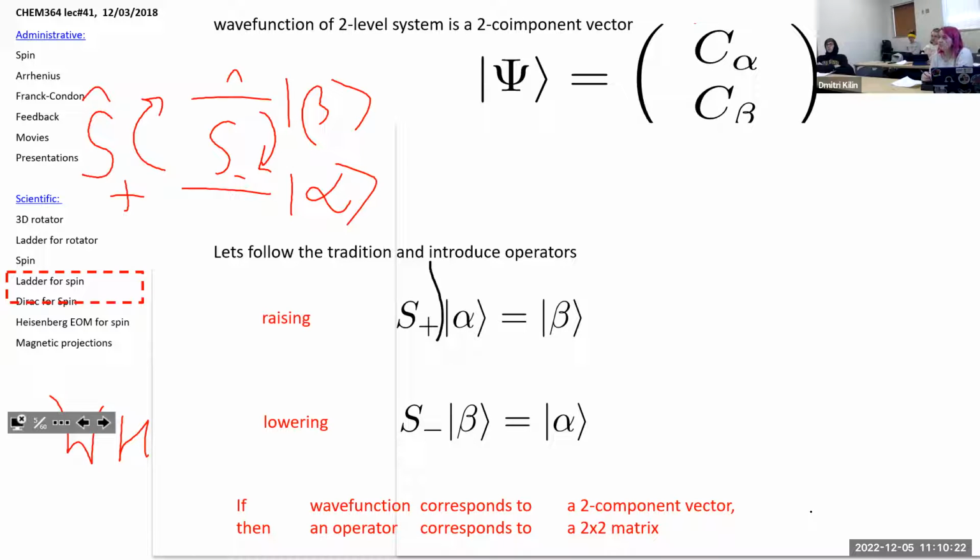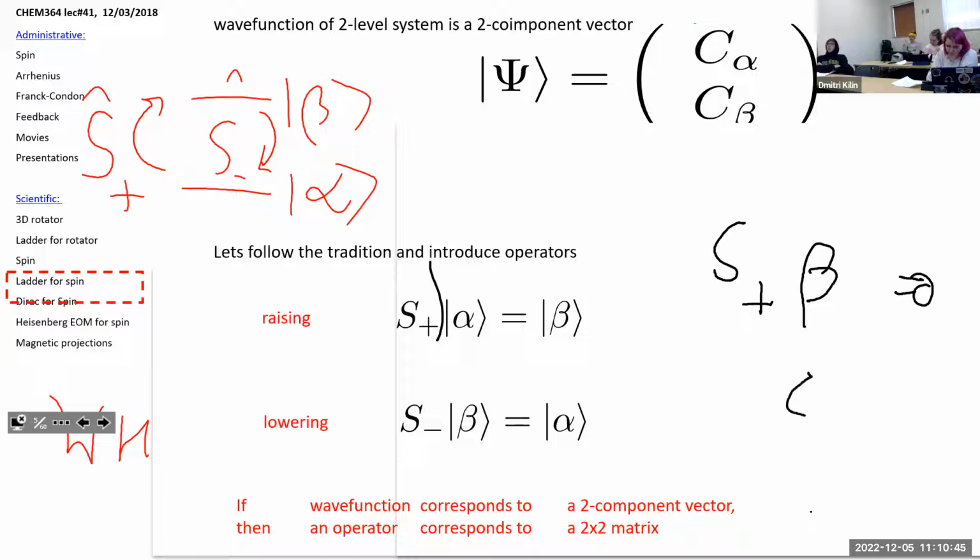So if I do S plus on beta, it will be 0, because you cannot do creation higher than the top.